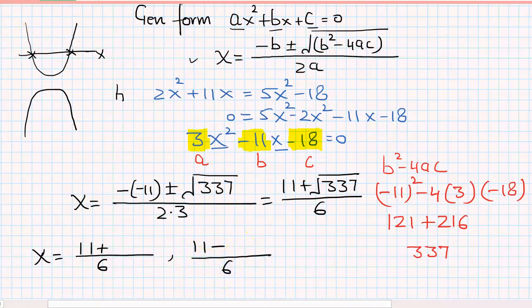Let me calculate these values. So this is 18.357. You need not to calculate it right here. You can use your calculator and directly you can write these values, which I'm getting is, I think we have to write up to 3 significant figures.